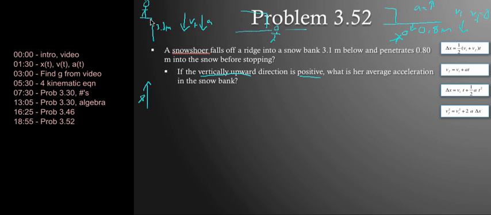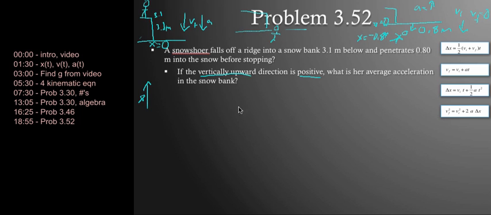And in fact, this distance that she covers is also negative, because she's going to start off with this 3.1 meters and end up at x equals 0. And then this is x equals 0, and then she ends up at x equals minus 0.8 meters.